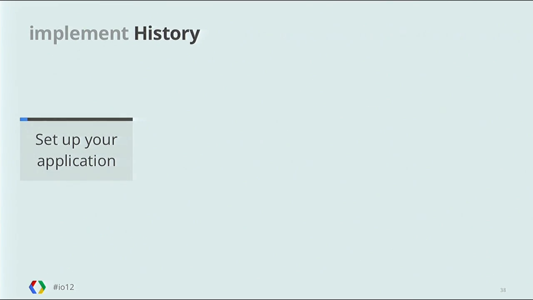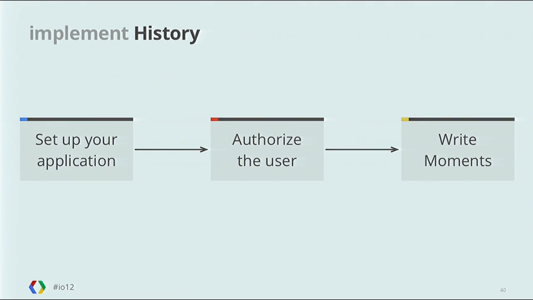First, you set up your application. Second, you authorize the user. And third, you write moments. And these are using technologies you're already familiar with. First off is the APIs console. Who's familiar with the APIs console? Heard about it at Google I/O? Oh, for a few of you that aren't, this is just a website at developers.google.com/console where you define your application, add the services like Google Plus and Google Plus History that you want, and then you can get something like a client ID.